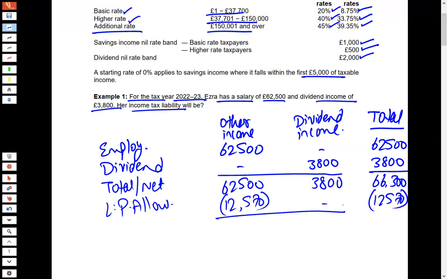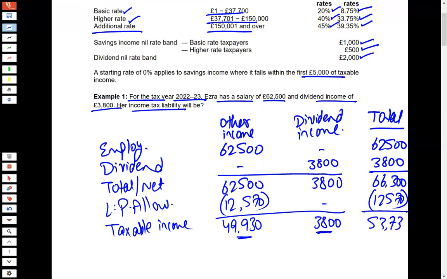It will be first deducted from the other income, then savings income, then dividend income. Then I have the taxable income: 49,930, 3,800, and the sum is 53,730.